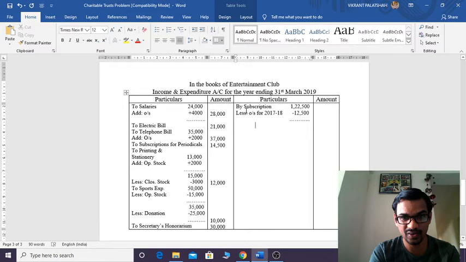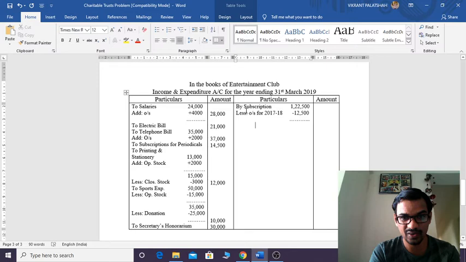One more thing we have to add: subscription received in advance at the beginning of the current year. Nothing is given there, so that is not added. Then two things we have to less. First of all, what to less? Subscription outstanding at the end of the current year, and it is given under the adjustment.